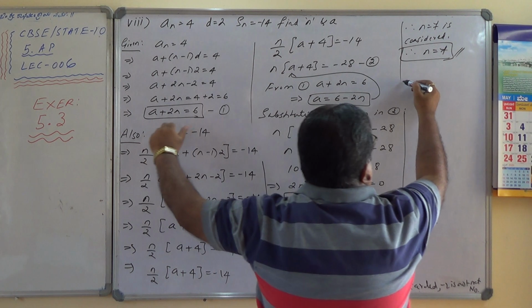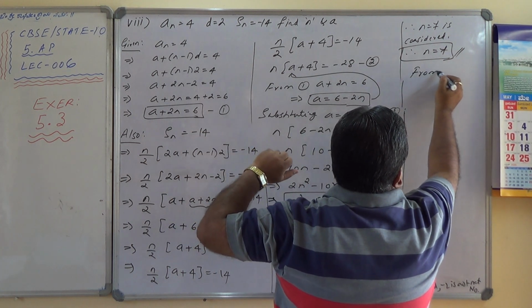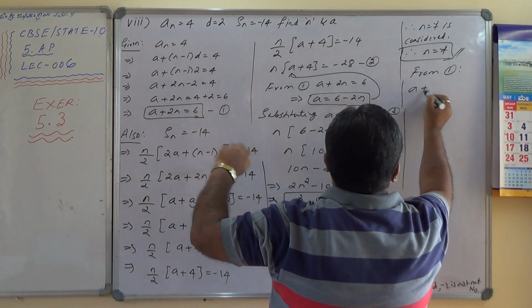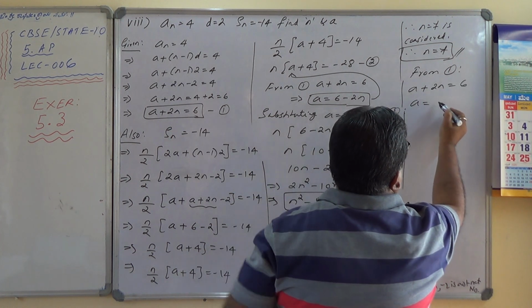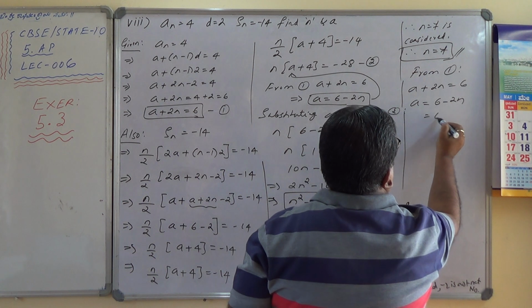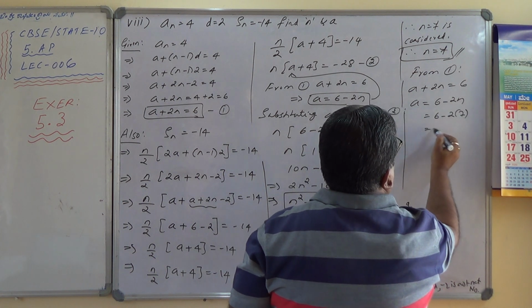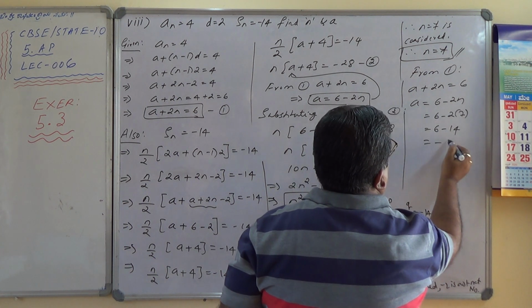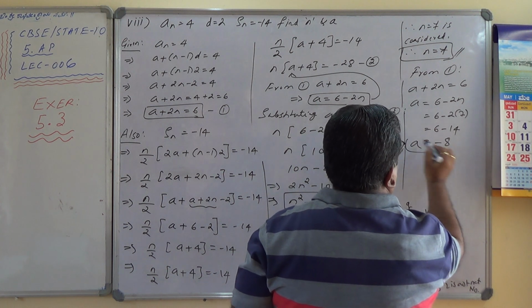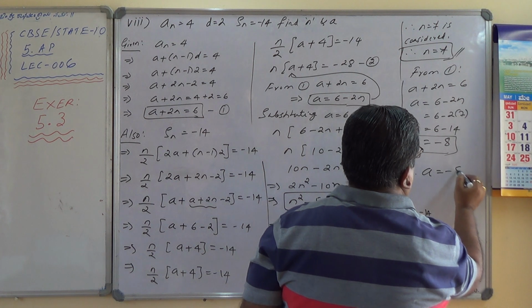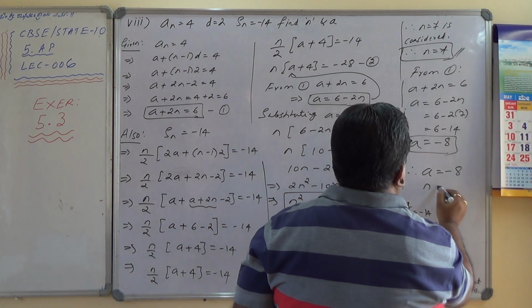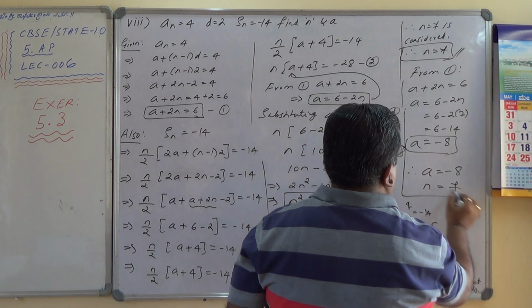From 1, a plus 2n equals 6, so a equals 6 minus 2n, which is 6 minus 2 times 7, which is 6 minus 14, minus 8. So the final answer is a equals minus 8, n equals plus 7.